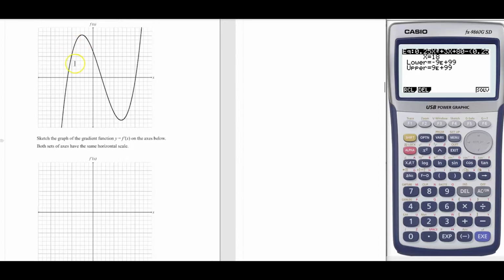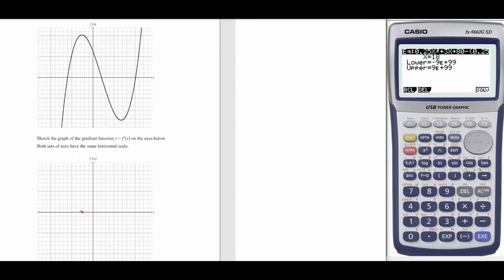Right, so the key points are we've got the gradient is positive here, decreasing towards this bit here. When we have a stationary point, it's equal to 0. So that's a point I can plot straight away. So this same x value here will have a gradient of 0. So down here, we will put that it hits the x-axis there.